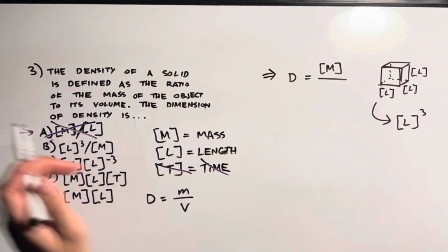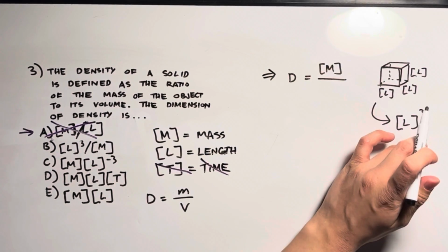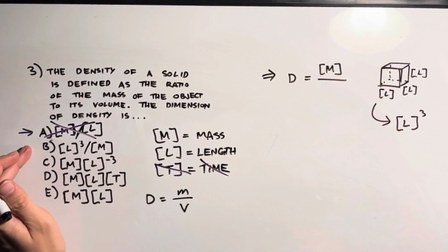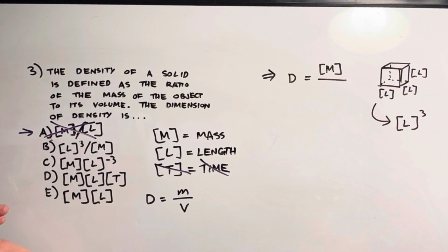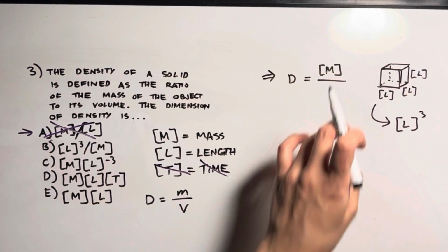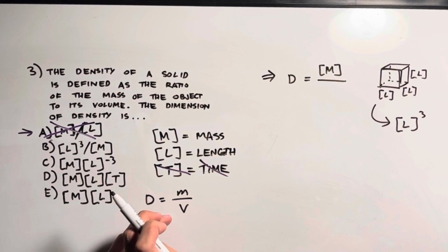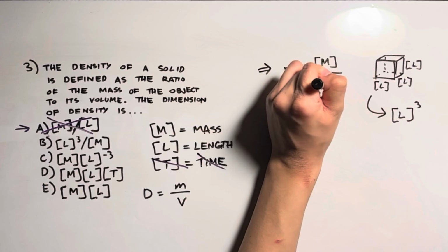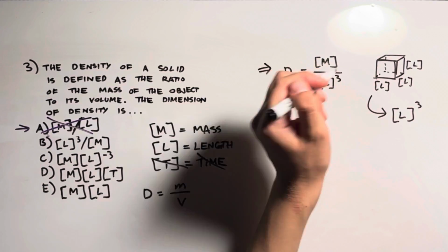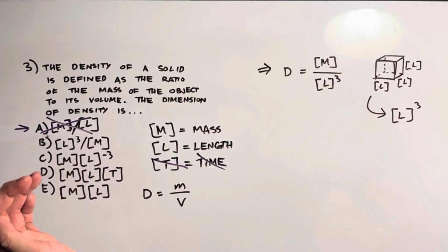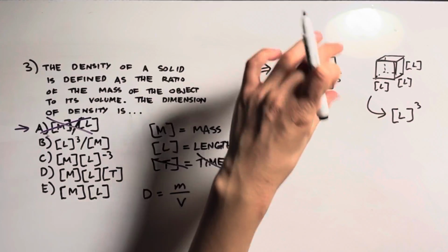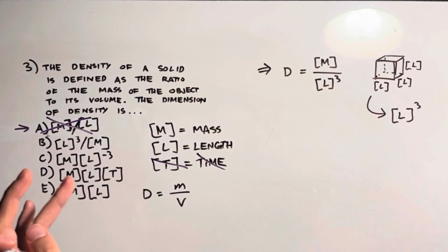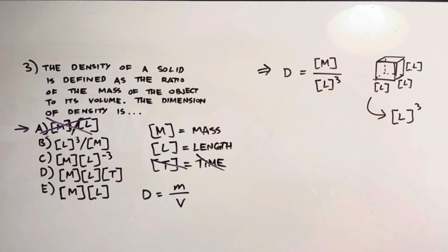We have either B or C with the answer length cubed. So how do we determine which one is the correct answer? Well, if we take a look at this, M over V, or mass over volume, we have to have our length cubed at the bottom, but this isn't a choice. So how do we change the form of this to coincide with one of these answers?